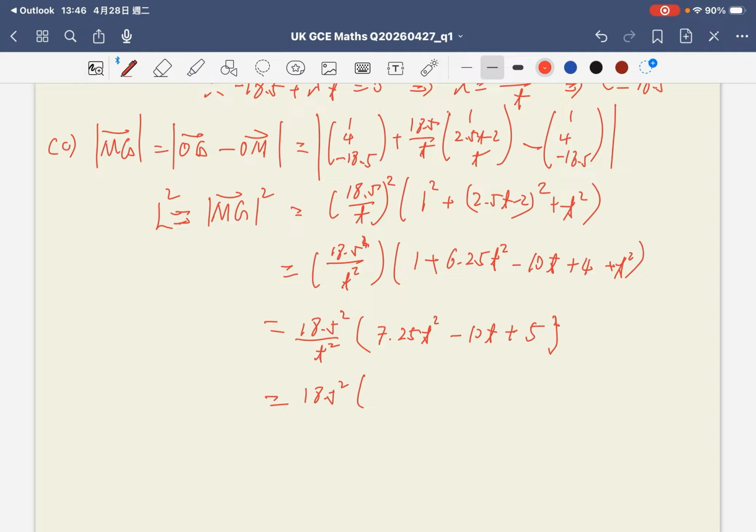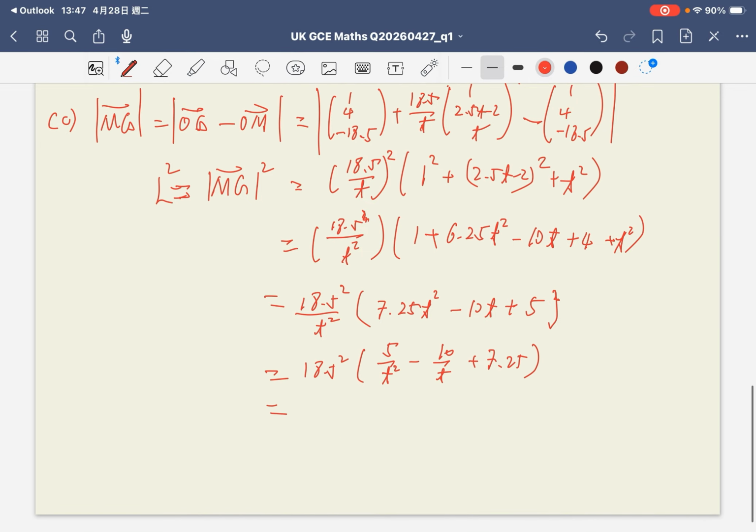You have 5 over t squared minus 10 over t plus 7.25, and factorize that 5 outside the bracket. Then you can see 1 over t squared, that is 2 times 1 over t. The last one, the constant term is 1.45.